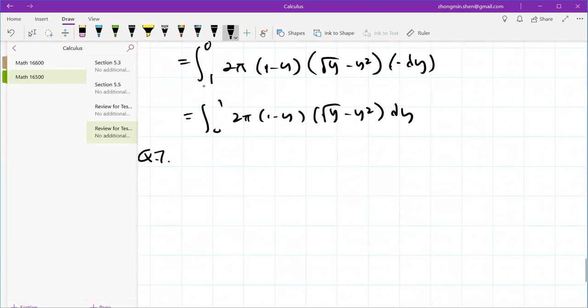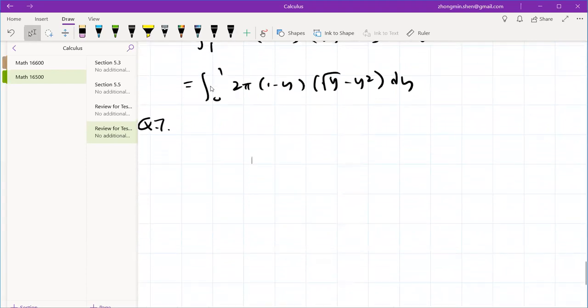The next one is about optimization problems. There is always an optimization problem. It says that a prism with a rectangular base has a volume of 9,000 cubic meters. Okay, let's draw it.